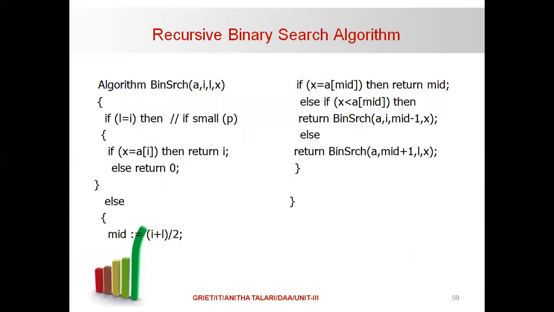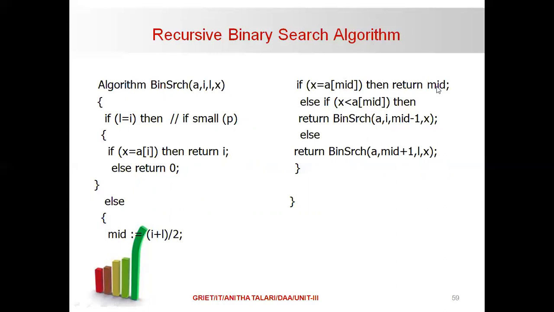This is the recursive binary search algorithm. If the problem size is small, then you're going to compare the element with the element which is present in the list. If it is a success, you're going to return the index i, else you're going to return 0. If the problem is not small, then you're going to calculate the middle position and compare the element with the middle element.